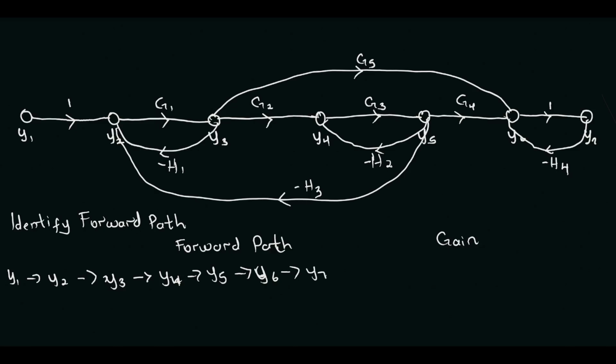So the gain of the first path will be 1 times g1 times g2 times g3 times g4. So the gain is along the first path.